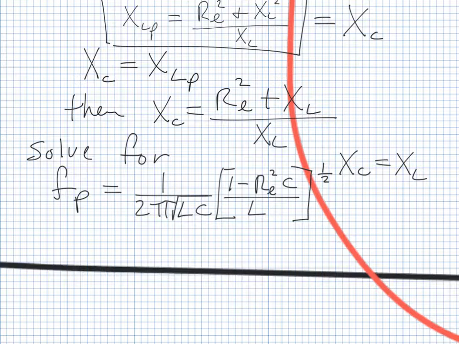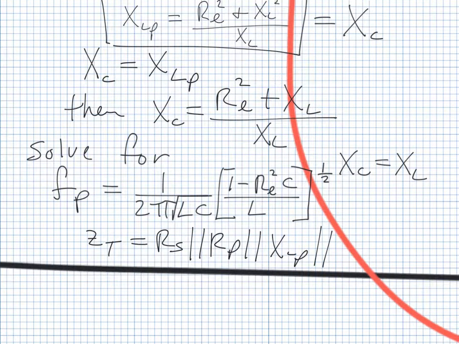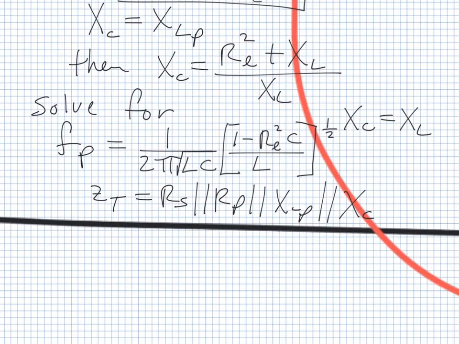So we would say our ZT is equal to RS in parallel with RP in parallel with the reactance of LP in parallel with the reactance of C. Looking at those two equations and understanding what we'd have to do to come up with that total reactance, I think it becomes clear that we're dealing with something that is way too complex.